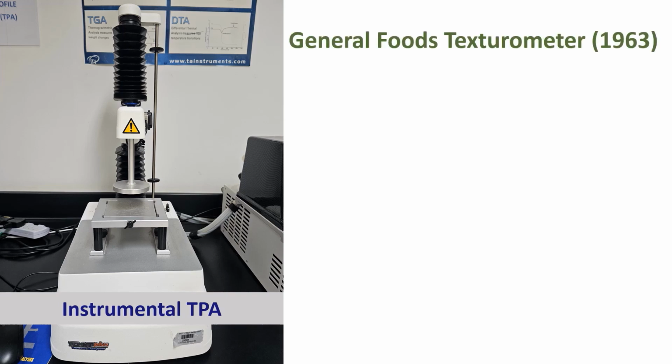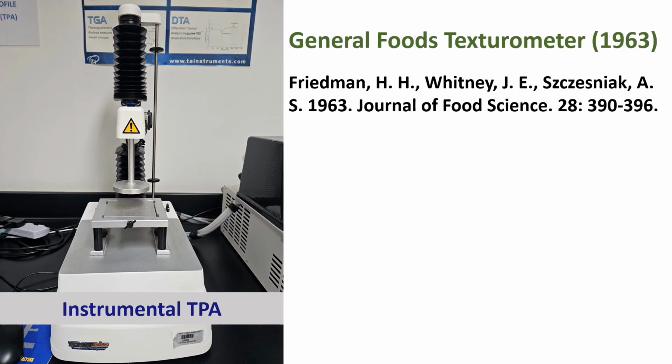I would like to give a brief historical development of the instrumental textural profile analysis, that is TPA. The breakthrough in instrumental TPA came with the development of the General Food Texturometer. In 1963, in an attempt to simulate mastication, a group led by Dr. Szczesniak developed the two cycles compression and decompression by texturometer.